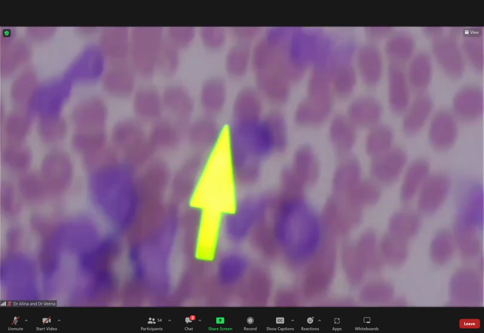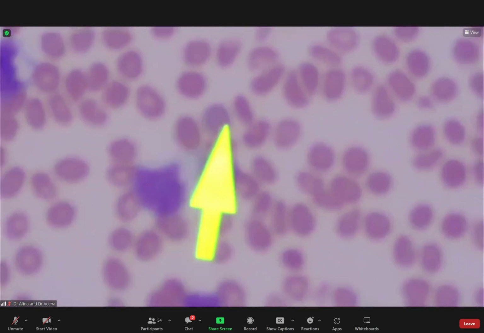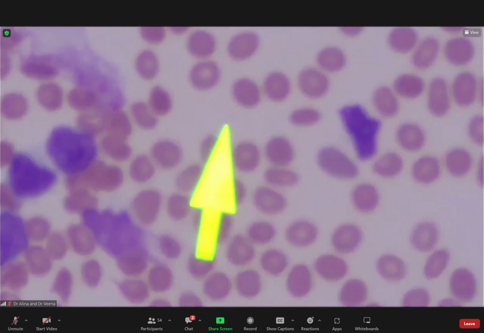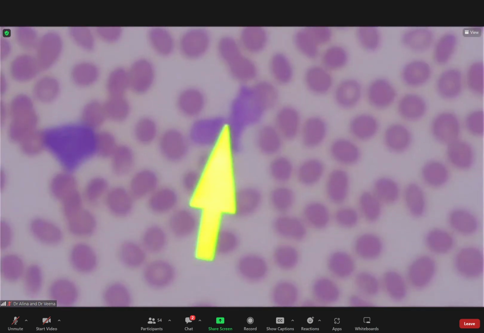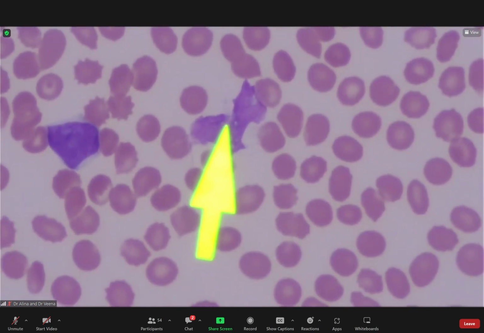I think for the sake of time, we will have to find this another time and point it out. What we'll do is we'll go through the digital slides and we'll find it, take a snapshot and send it to you.